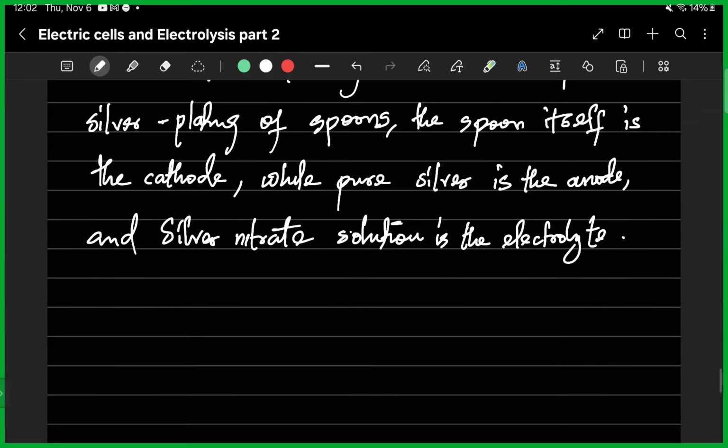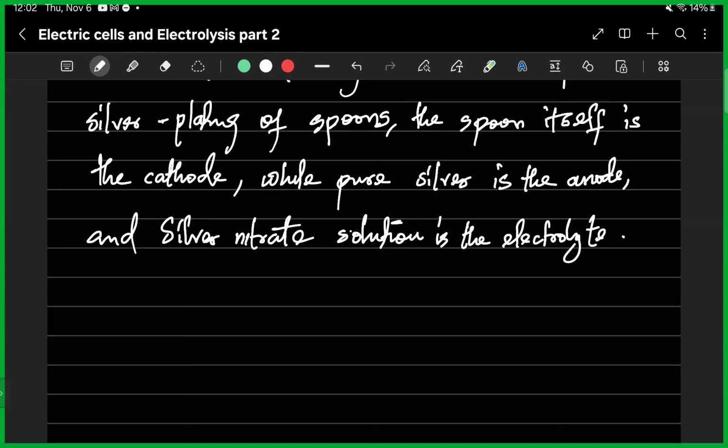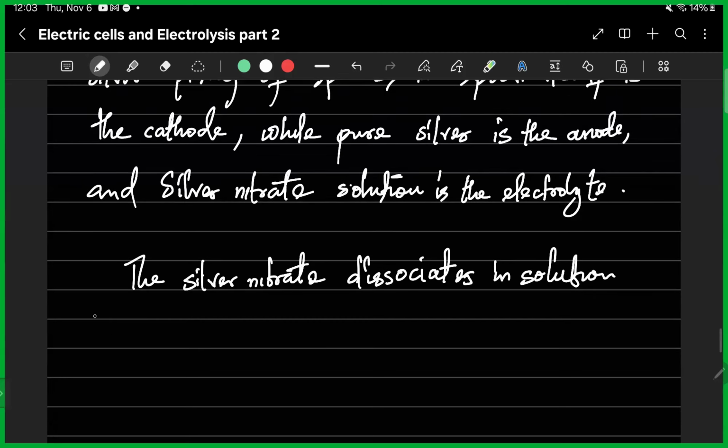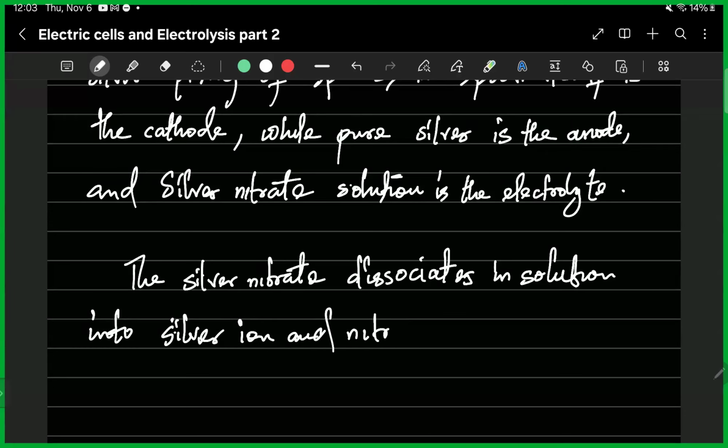So let's describe that process of electrolysis using that silver nitrate, the electrolyte. So we'll say this is what happens. The silver nitrate, the electrolyte in solution, dissociates into silver ion and nitrate ion.